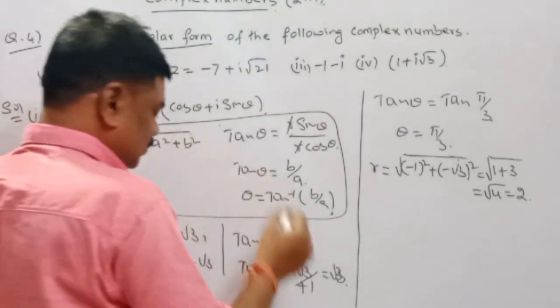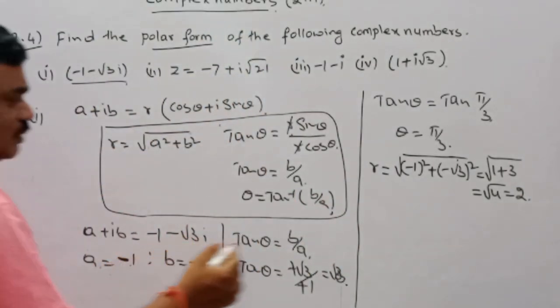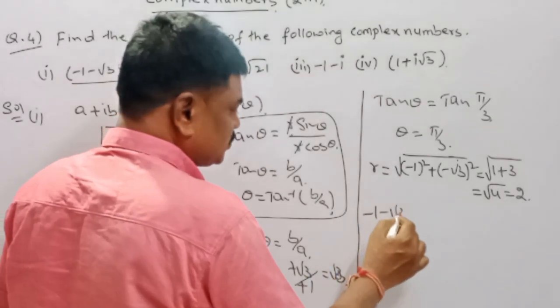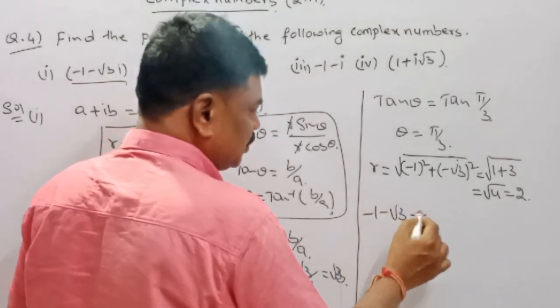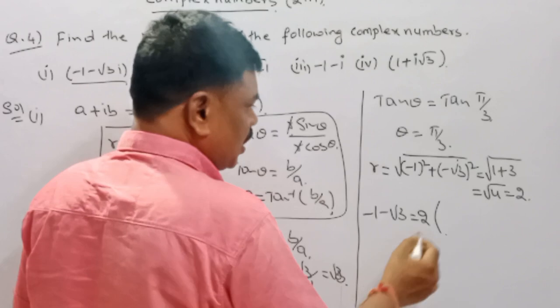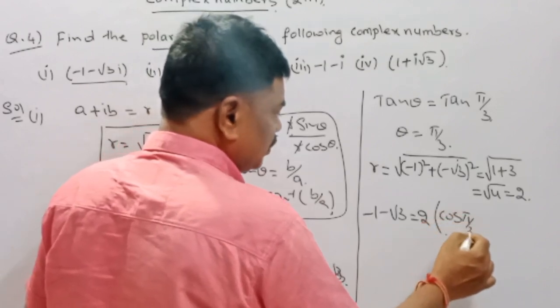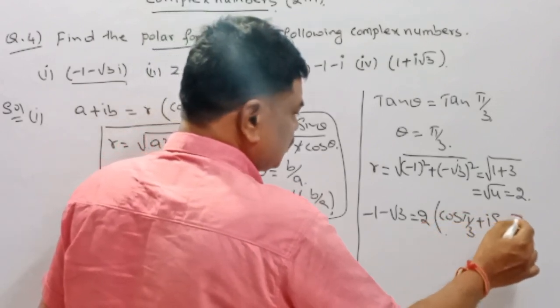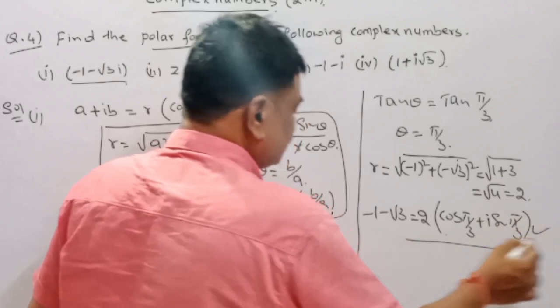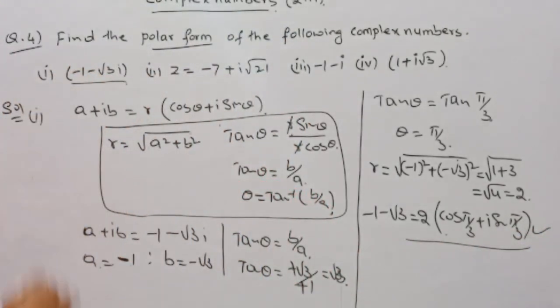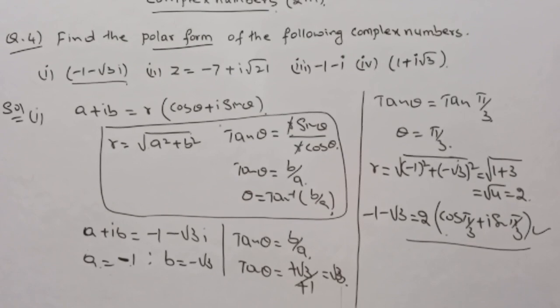Then the polar form of minus 1 minus root 3i is 2 into cos pi by 3 plus i sin pi by 3. This is how to find the polar form of the given complex number.